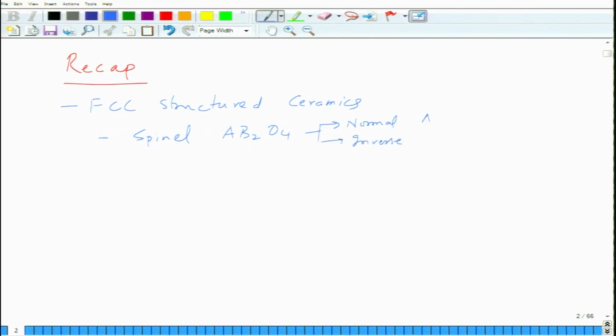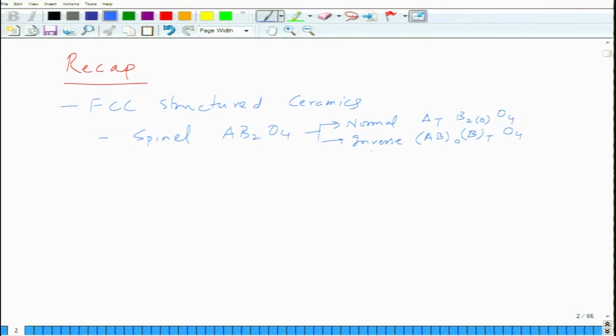So, in normal spinel, A goes to tetrahedral, B goes to octahedral, and oxygens make an FCC lattice. In case of inverse, A and B go to octahedral, and one B goes to tetrahedral, and oxygen makes an FCC lattice.